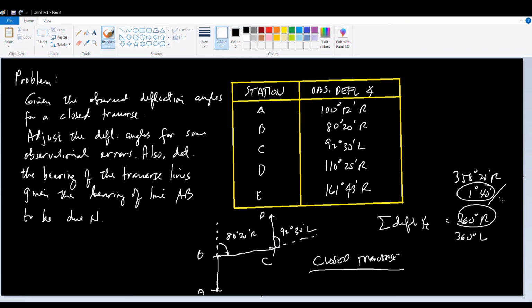You divide it by, in this example, 5. And that will be the magnitude of the correction. So since the sum is less than the required 360, you have to add the correction for the right deflection angles and subtract it for the left deflection angles. Okay? So the same thing if the sum is less than or greater than 360 degrees left.